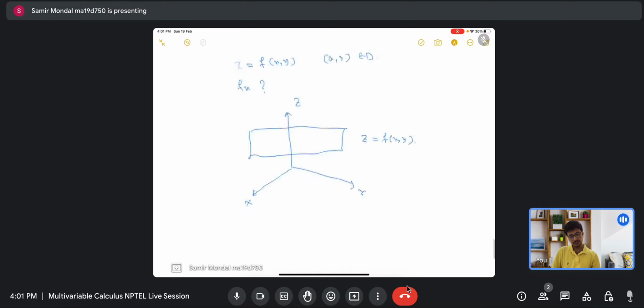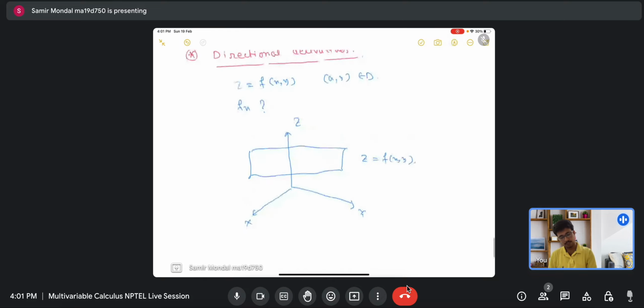We want to look at what the partial derivative of f with respect to x is at the point a b.